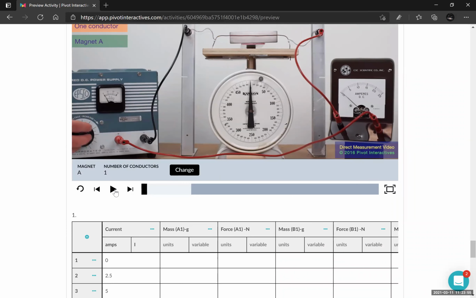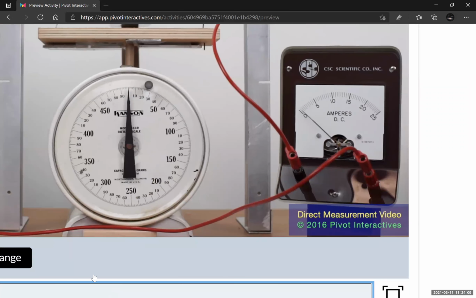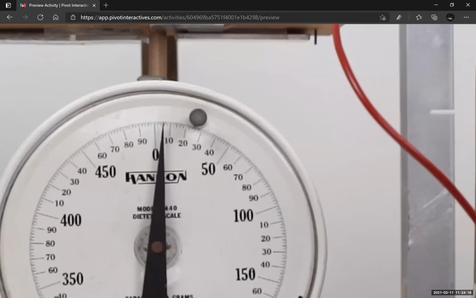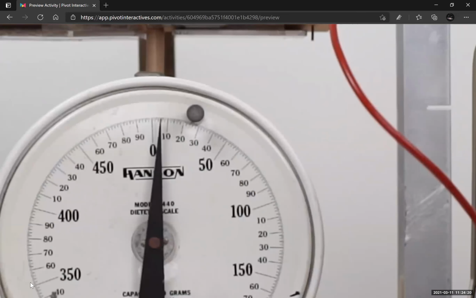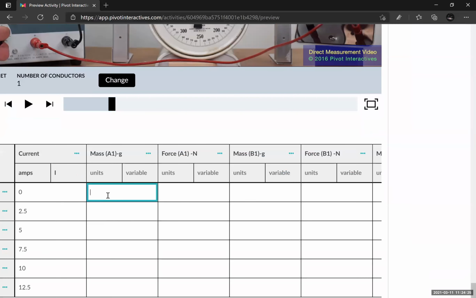Well, measurement is basically the same thing again. You increase the current, and you measure the force. So if I come back here, for 2.5, which is right there, I'm measuring, well, it is about 5. So this was 0, this was now 5.